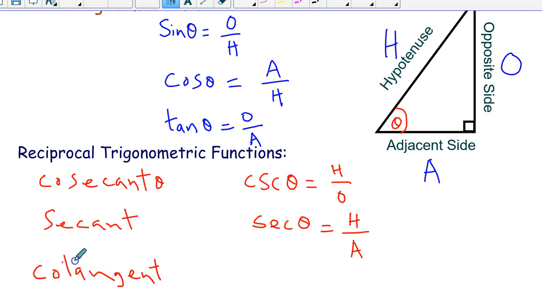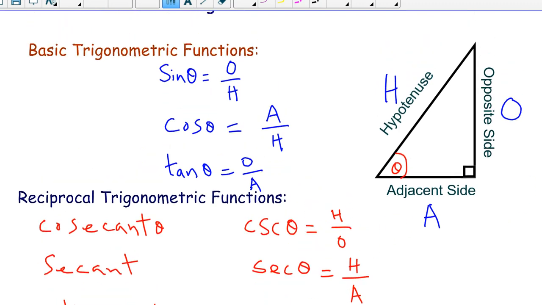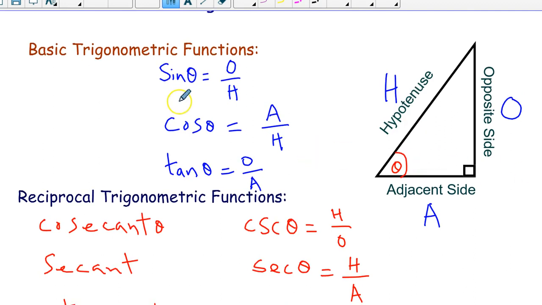In short we write COT, cot or cotangent. Here tangent is opposite over adjacent, so the reciprocal is adjacent over opposite. So altogether we have six trigonometric ratios: sine, cosine, tangent, cosecant, secant and cotangent.